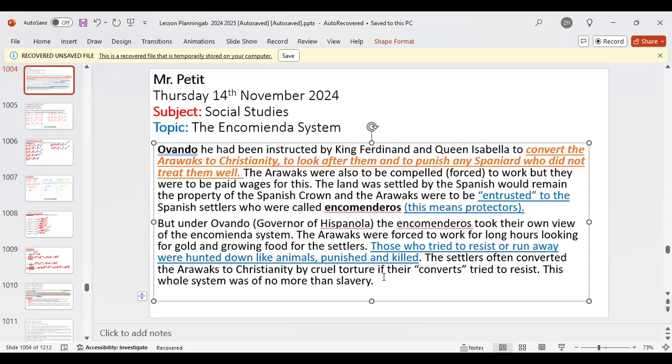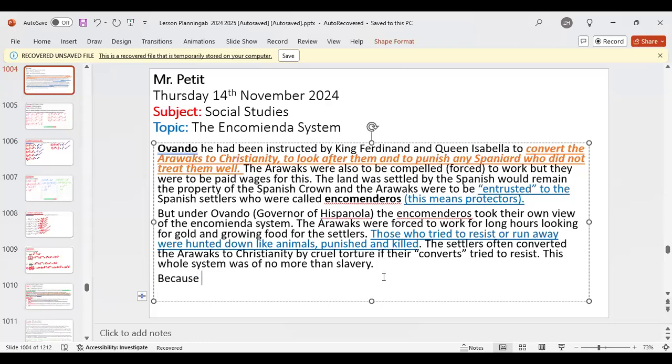Because many men were taken away from the Arawak villages, those remaining found it difficult.